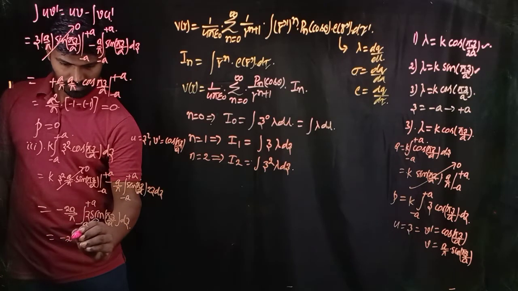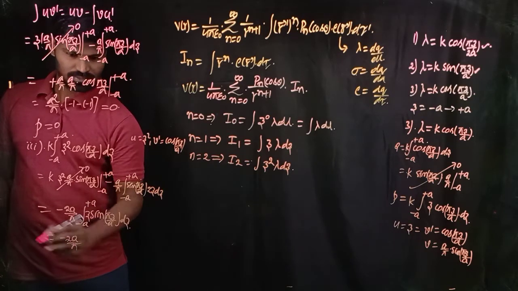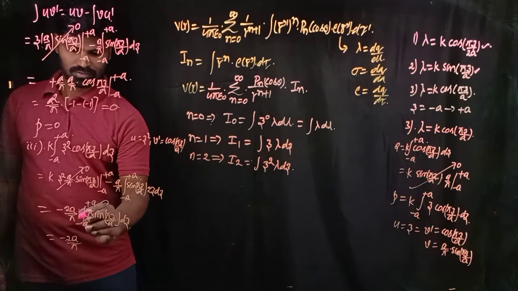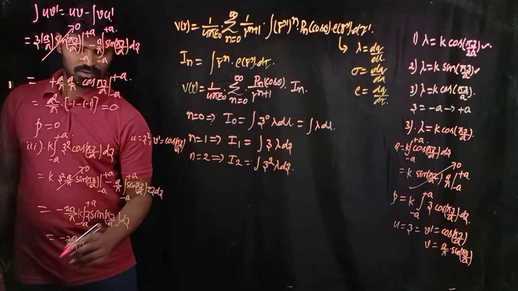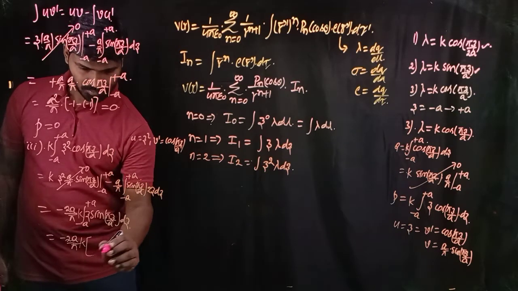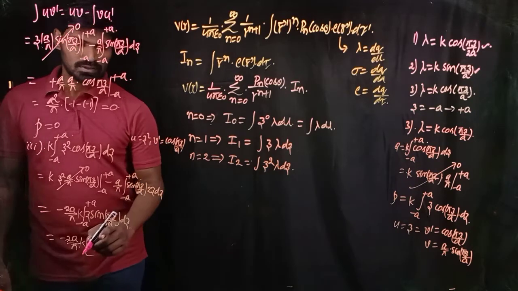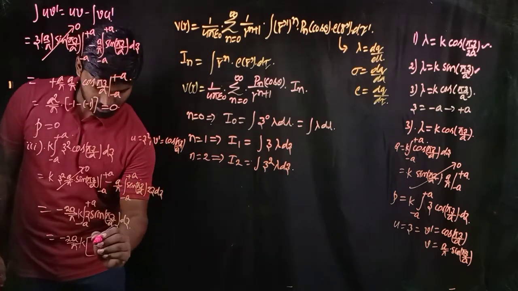That is equal to minus 2a divided by pi. You put it aside, and this k also I forgot to put over here. You should include k into the uv formula again. Here u is z, v dash is sine theta. So u into v, u is how much? z.